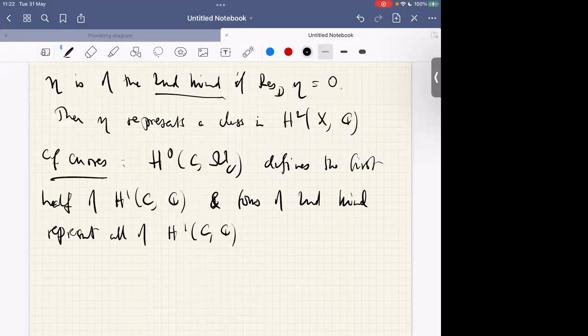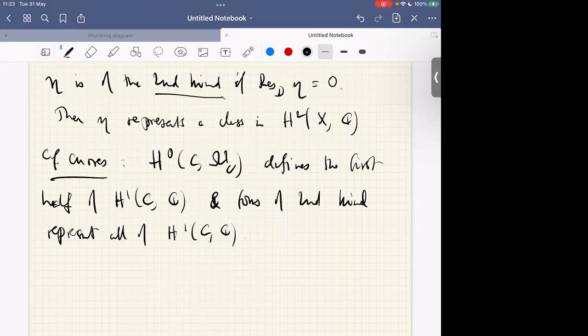So for curves, being of the second kind simply means that all residues vanish, and the definition I gave for differentials of the second kind for surfaces is a generalization of the same thing for one forms on a curve.